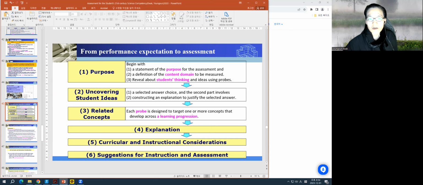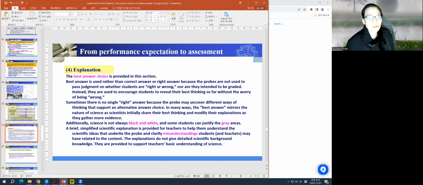One of the uses of your assessment is that you want to collect some information about how to improve your instruction or your teaching. Before we talk about student competency-based assessment, can you remember the PISA assessment about the greenhouse effect? It's not about just finding the correct key to the question.